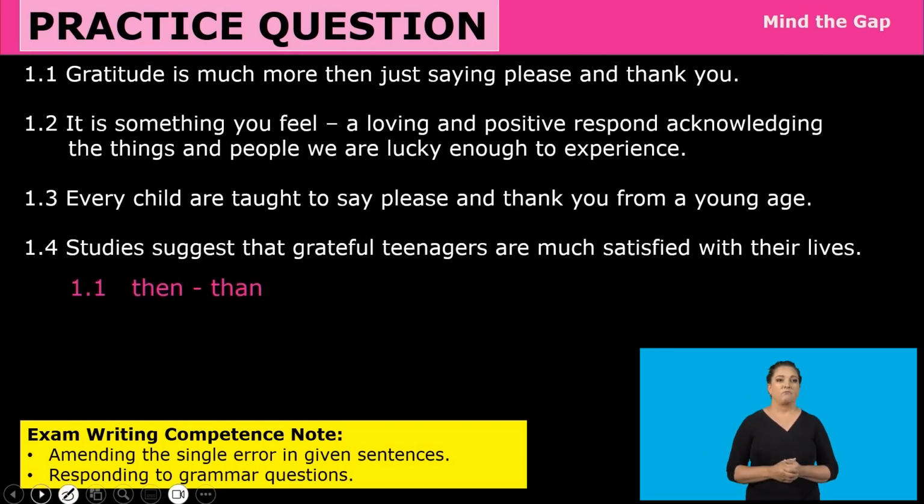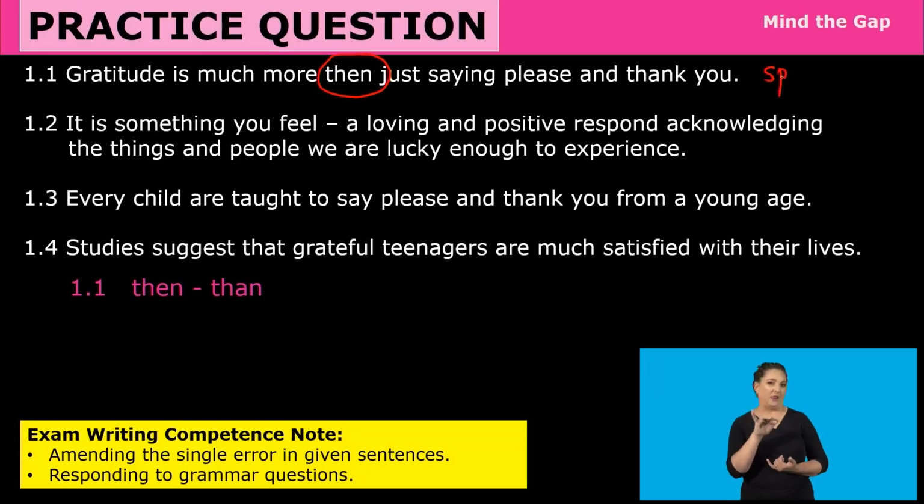Okay. So in our first sentence, gratitude is much more than. Now remember, this is a very common error that learners tend to make. Instead of saying than, with the A sound, they say then with an E sound. So remember, this is looking at our spelling. So in this first sentence, they wanted you to identify the spelling error.